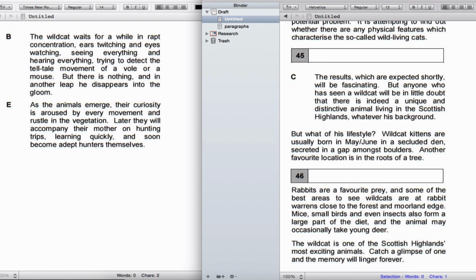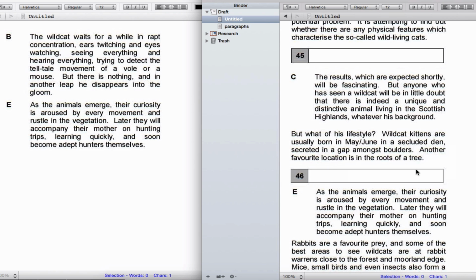Now another favorite location is in the roots of a tree. So B gives us a kind of a description of the hunting process, I think. And E, as the animals emerge from where? Later they will accompany their mother on hunting trips and soon become adept hunters themselves. I think we have to use E here. Let's double check.